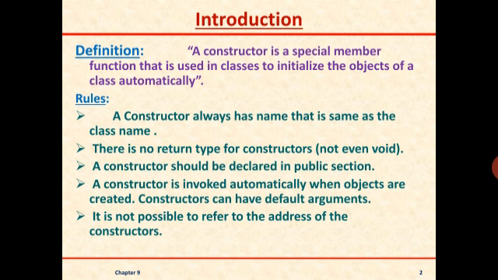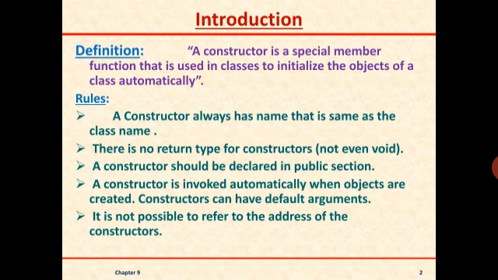Address means the memory address where the constructor is stored. It is not possible to refer to the memory address of the constructors. So these are a few rules. You have to remember these things for 2 to 3 marks, and whenever we create a constructor, we must remember these rules.